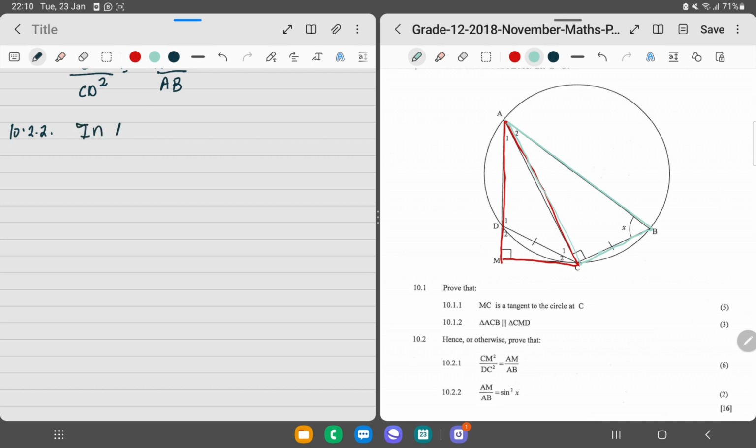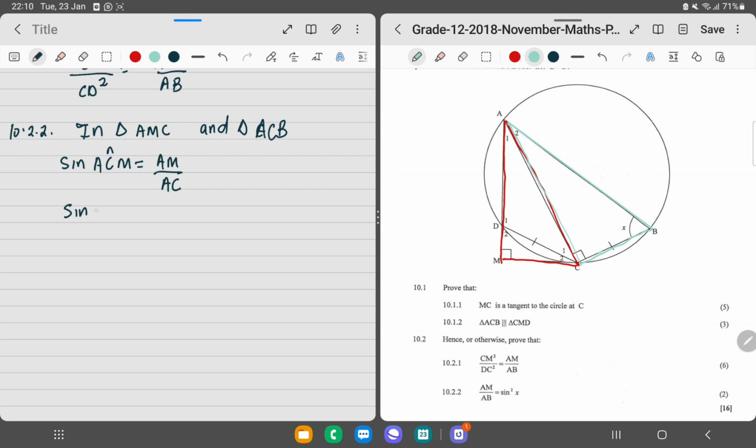In triangle AMC and triangle ACB, the sine of ACM is equal to AM all over AC.